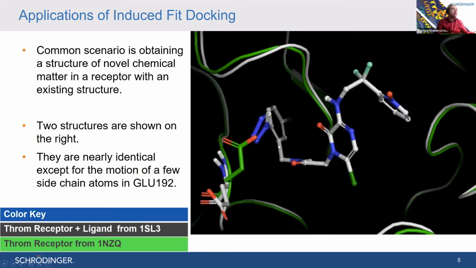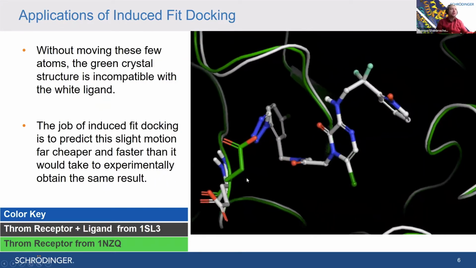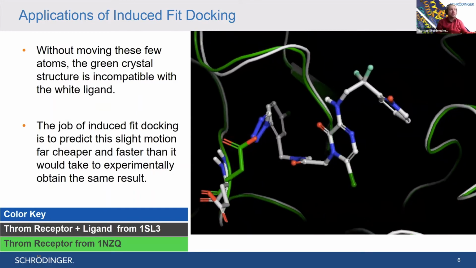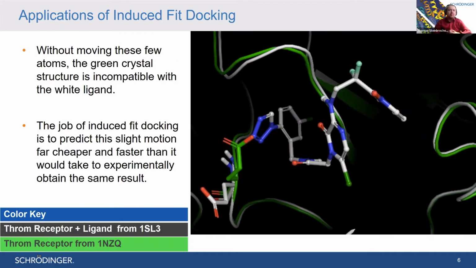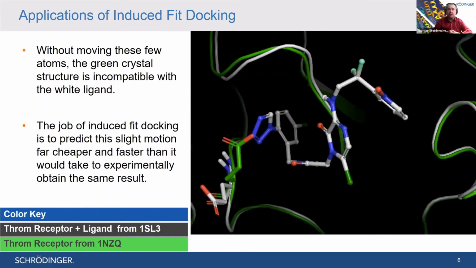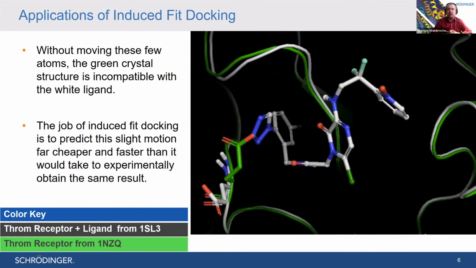The green one does not, and the green one does not because really there's this one glutamic acid side chain which is a little bit rearranged, and that is blocking the ligand from entering here. Now, looking at the structure, I can convince myself that it's not that hard to move that glutamate out of the way and make the ligand fit into the green structure as well.